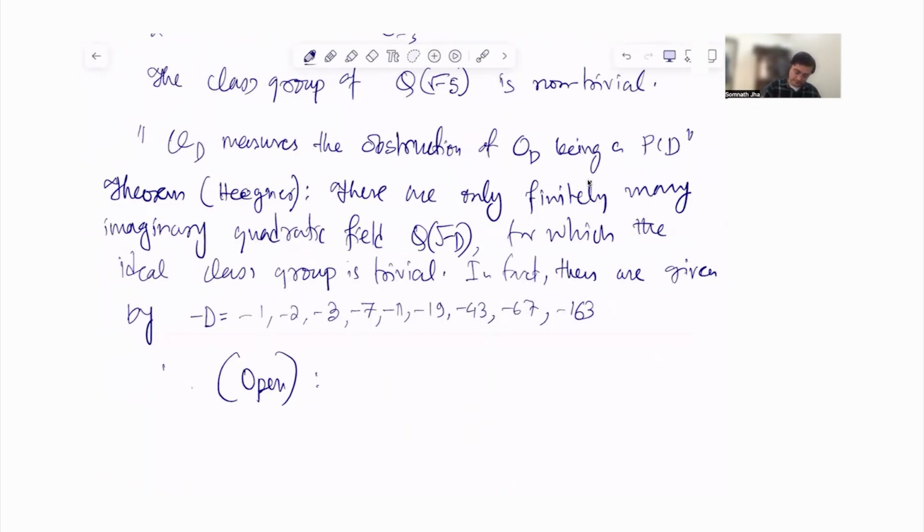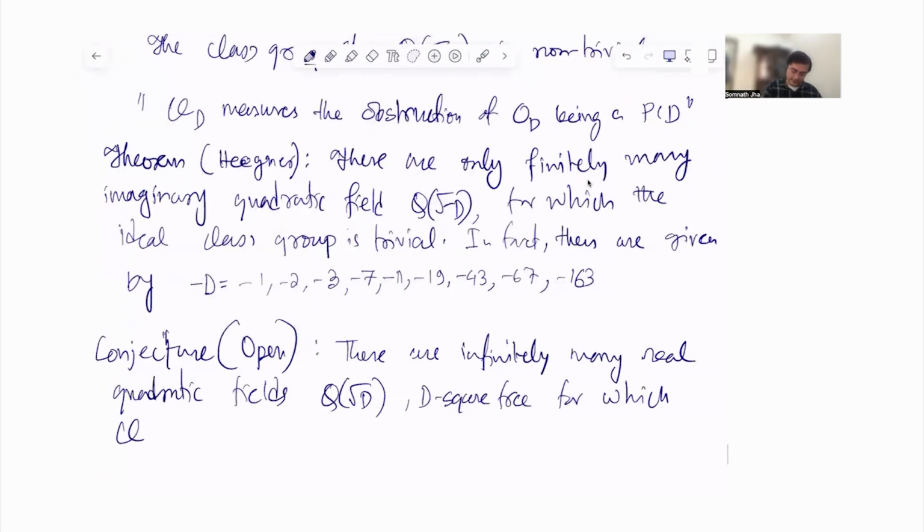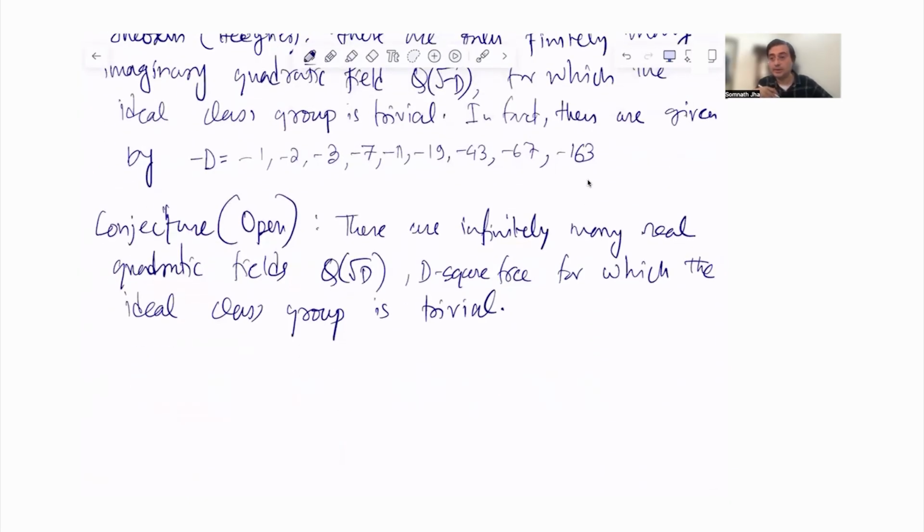Now the conjecture: there are infinitely many real quadratic fields Q root d, d square free, for which the ideal class group is trivial.